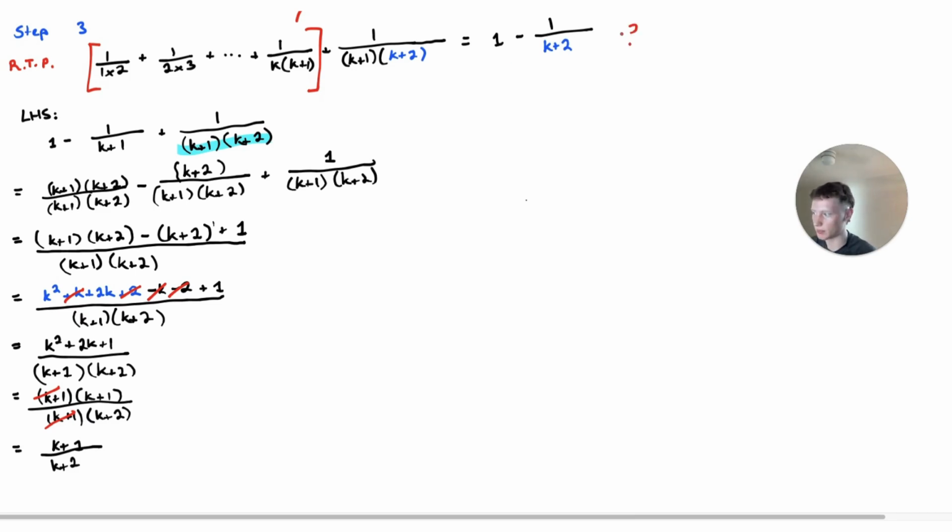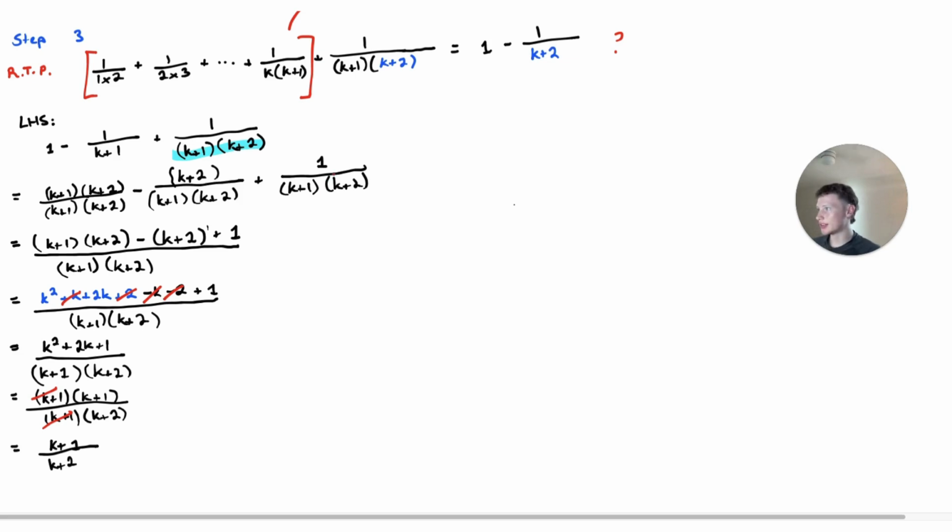And you'd be right. I think the easiest way to reconcile this is to go over to the right-hand side, just really quickly, and get this into one fraction. So we've got 1 minus 1 over k plus 2. If we get this to a common denominator, that's going to be k plus 2 over k plus 2 minus 1 over k plus 2.